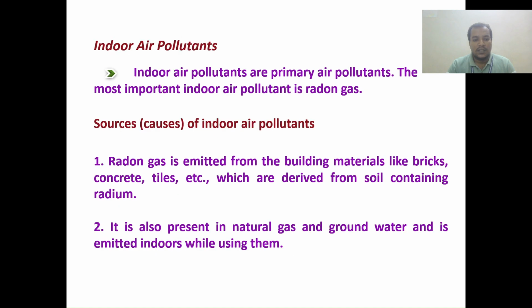And indoor air pollutants are primary air pollutants. The most important indoor air pollutant is radon gas. Radon gas is emitted from building materials like concrete, cement, and bricks. These materials emit radon gas, and it is also present in natural gas and groundwater, and is emitted indoors from building materials while using them.